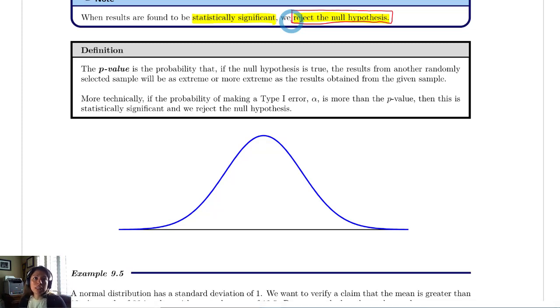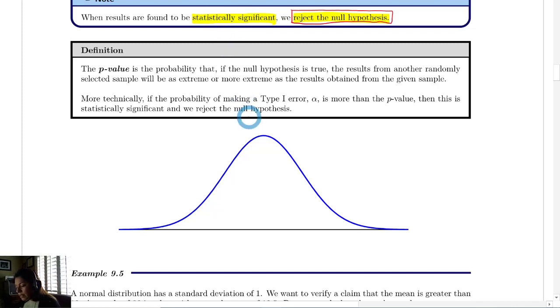And what that change means is the claim, right? The alternative hypothesis. So everything's in terms of the null hypothesis. We either reject the null hypothesis or we do not reject the null hypothesis. We reject the null hypothesis when we find evidence that is statistically significant.